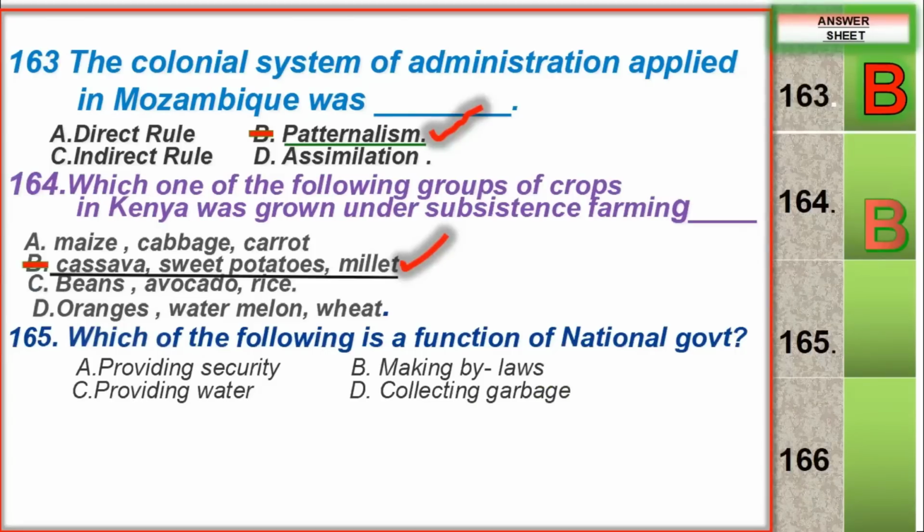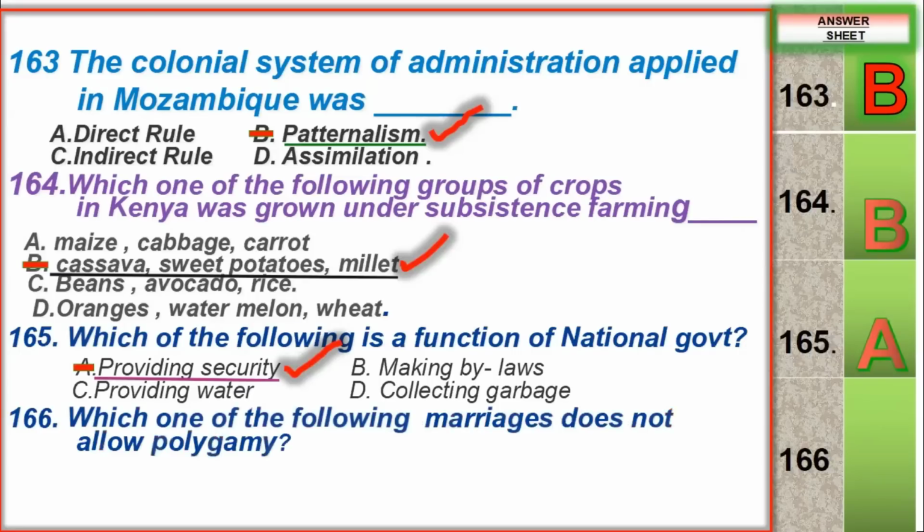Collecting garbage is under county, and providing water, remember the WASCO, is under county government. So the correct answer here is national security, by the national government. So providing security.